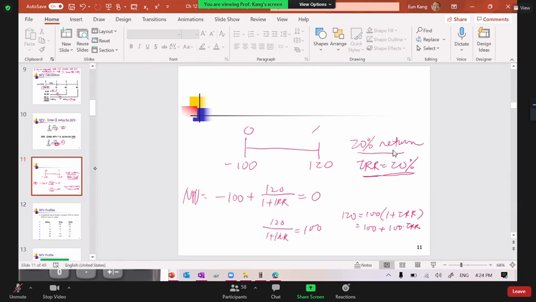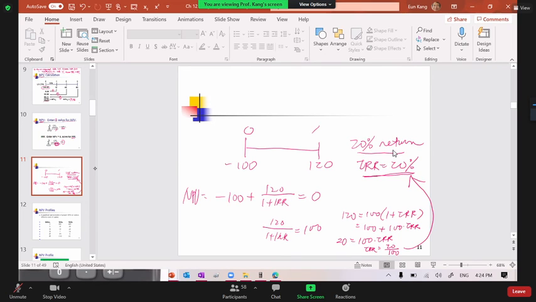Move 100 to the other side, then 20 is 100 times IRR. So IRR is 20 over 100, which is 20%.